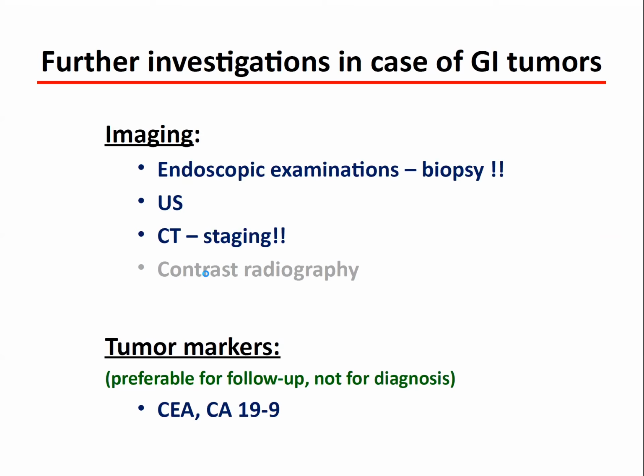We are going to discuss this later, because the efficacy of the treatment should be checked by using a tumor marker. If you test the marker before the operation, you see the level, and after the operation it should decrease back to the normal limit. If not, it means that we still have some metastasis or some other tumor left in the body.